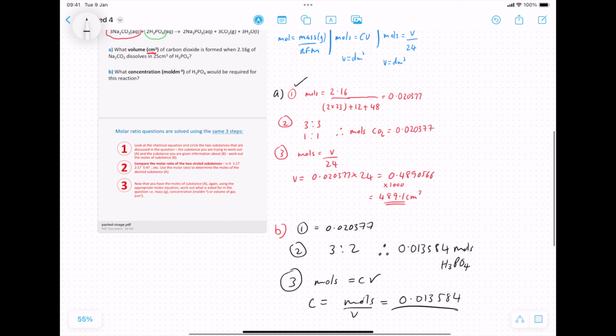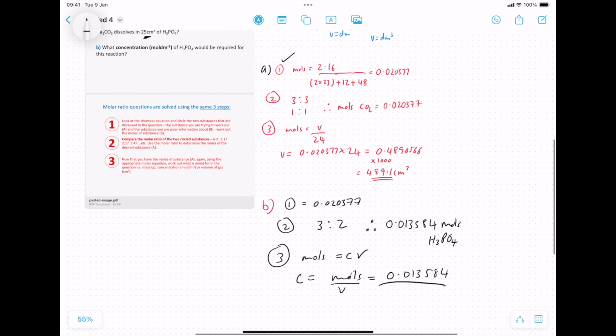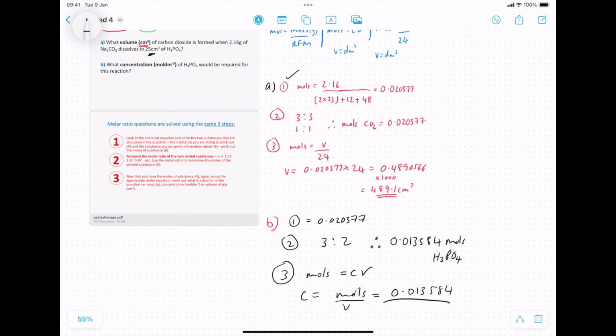So the volume of phosphoric acid used in this question is 25, and that has to be turned into decimeter cubed. The reason why is because the concentration is always in moles per dm cubed, and the volume is given to us in centimeter cubed. So to convert, you divide 25 by 1,000, which gives 0.025.